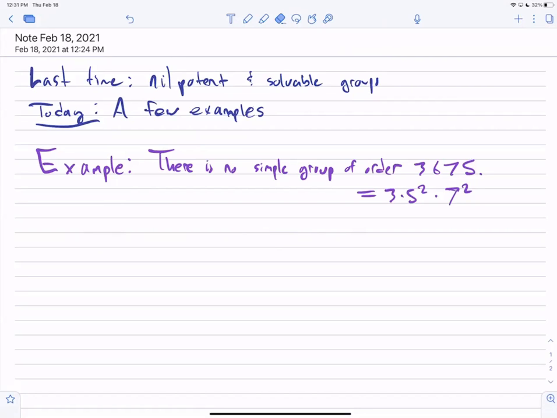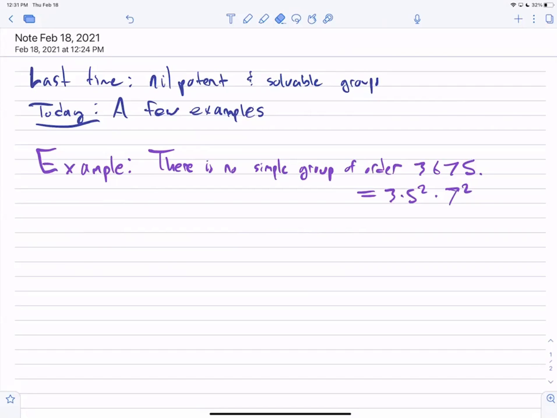Okay, so let me try this again. N7 is going to be congruent to 1 mod 7, and it divides 3 times 5 squared. If N7 is equal to 1, we're done, because then there's a normal subgroup of order 49.